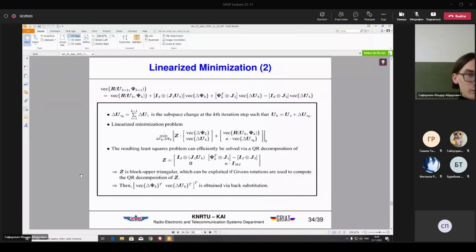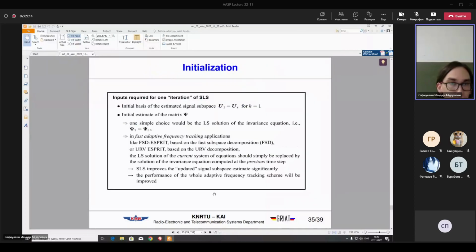So let's leave all these things with this slide here, and see what we have next. Initialization here. Here we first use the least squares solution and then we go inside of a structured least squares solution.